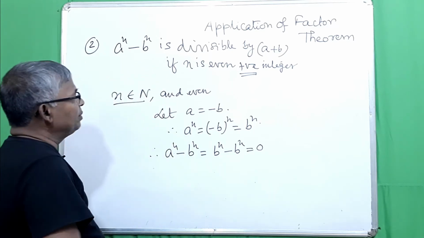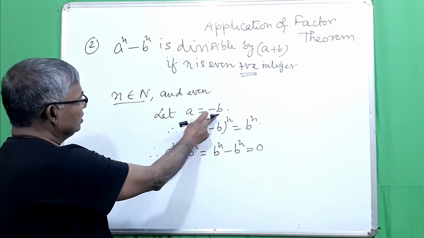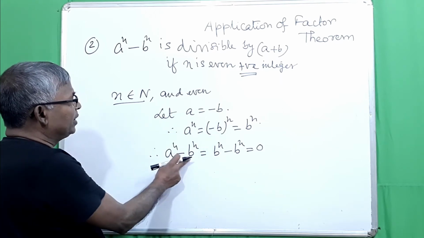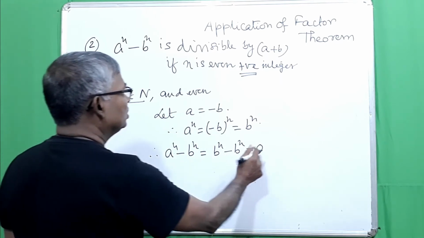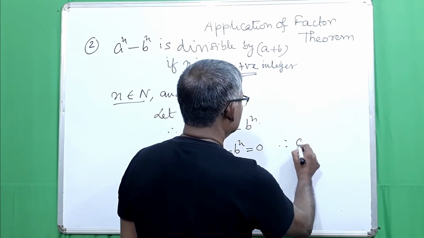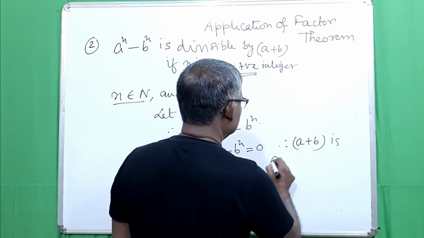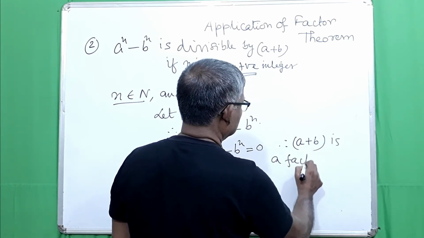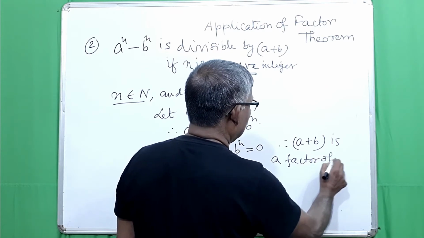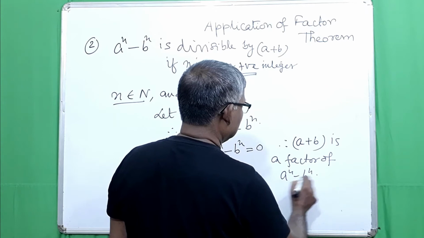So whenever we put a equal to minus b, a to the power n minus b to the power n will be 0. Therefore by factor theorem a plus b is a factor of a to the power n minus b to the power n.